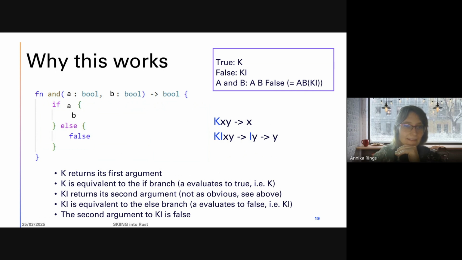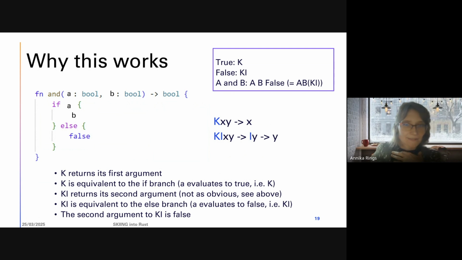And this first, the if branch, if A is true, this corresponds to the K because we have encoded true as K. So if A is true, we are expecting to go into this if branch and returning B. And the K, we know that K returns the first of its two arguments, which in our representation here, if A is true, then the first argument of it is B. So this is the same as the if branch here.